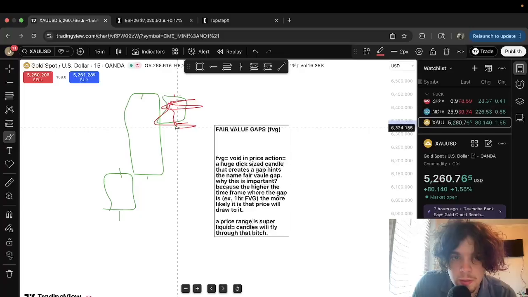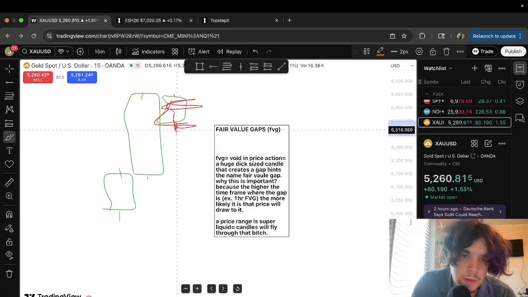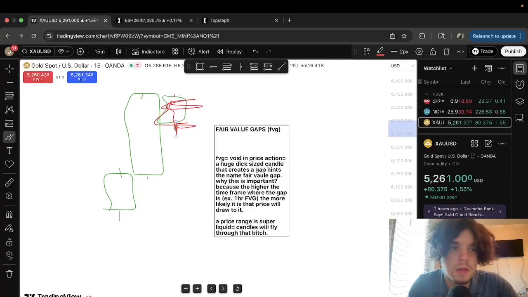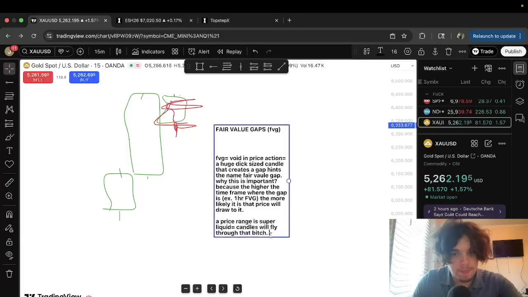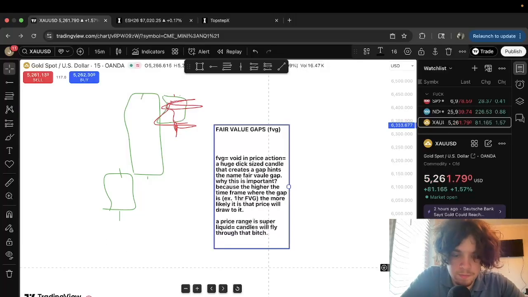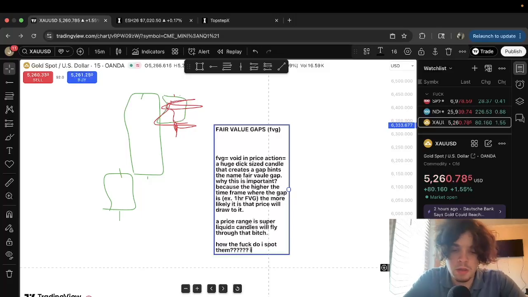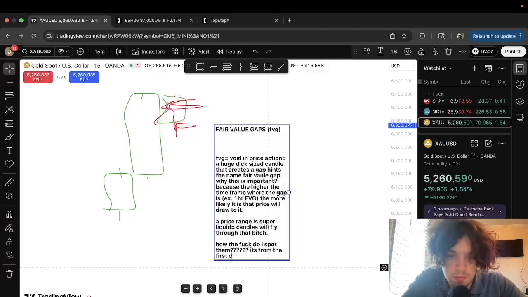You see the wick right here, right? I drew that to then tell you this. How do I spot them? It's from the first candle's wick to the third candle's wick.